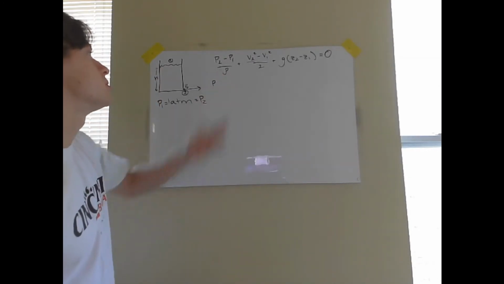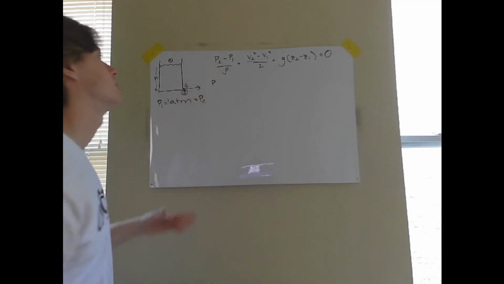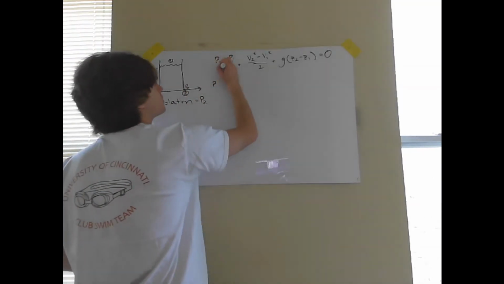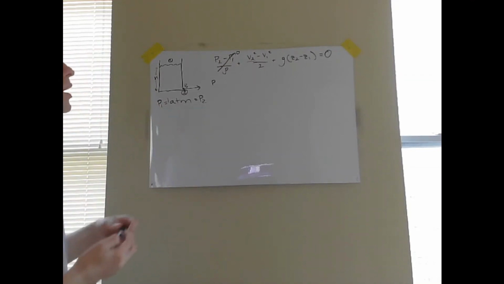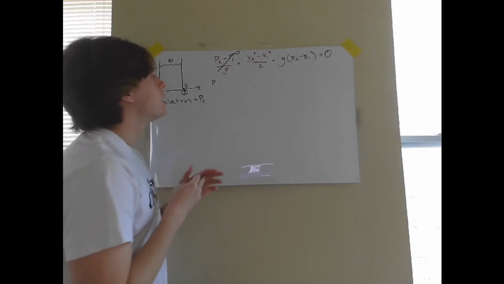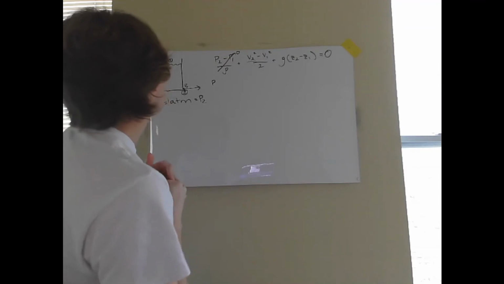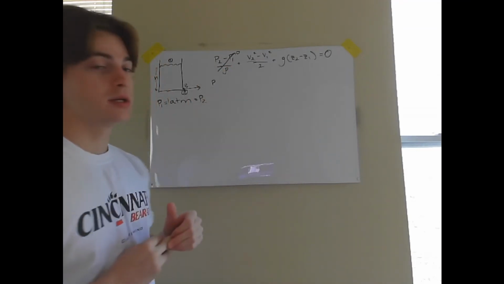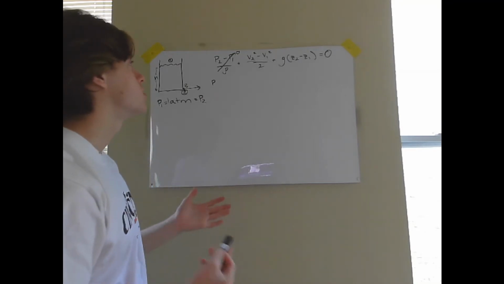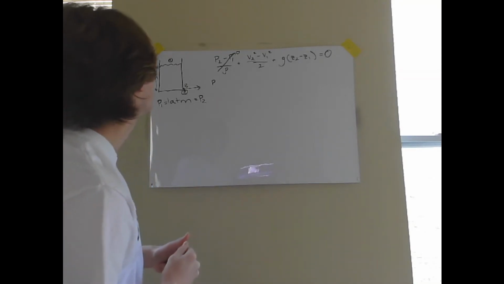So now when we come back to our Bernoulli's equation, we go ahead and plug that in. It's just going to cause this whole first term to go to 0. So that simplifies it a little bit. And now we'll go from here and take a look at the velocities. So the velocity at point 2 is what we're trying to find. So how do we model the velocity at point 1?